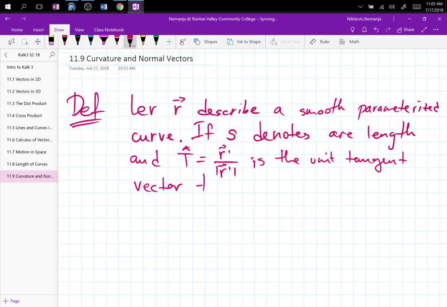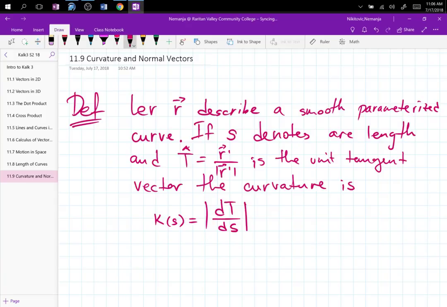The curvature is given by kappa of s equal to the magnitude of the derivative of the tangent vector with respect to the arc length.